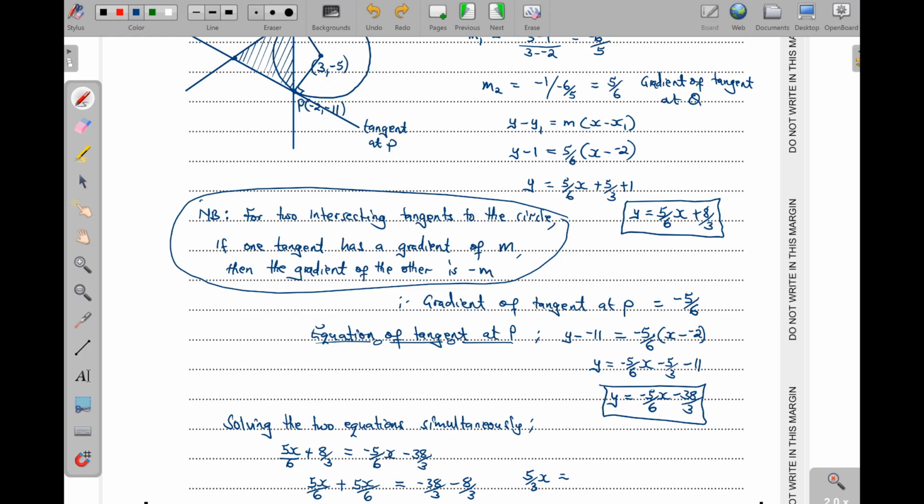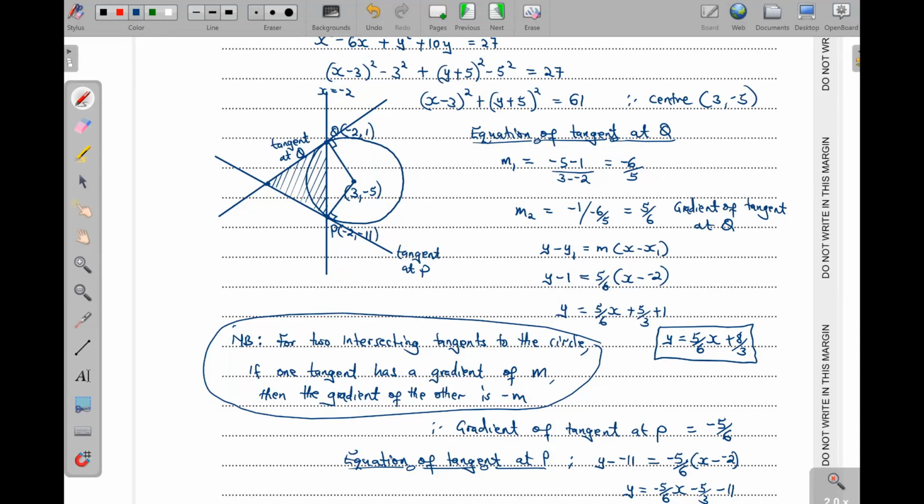That one will give us 46. Not so? So it will be negative 46 over 3. So when you cancel these 3 here, our x is therefore going to be equal to negative 46 over 5.